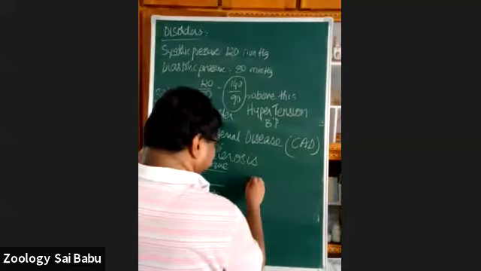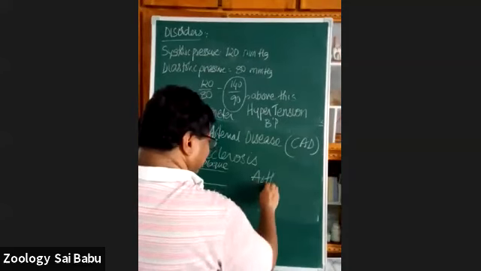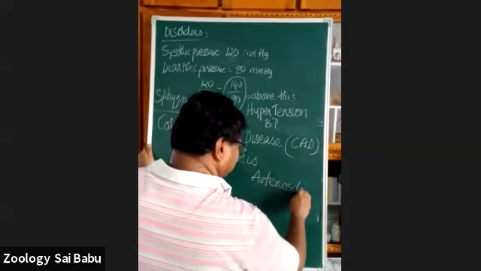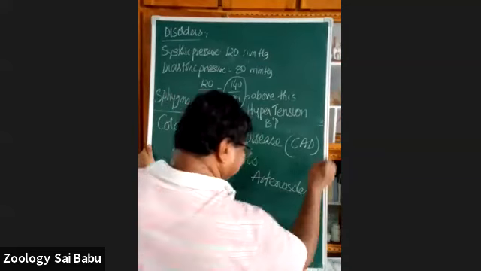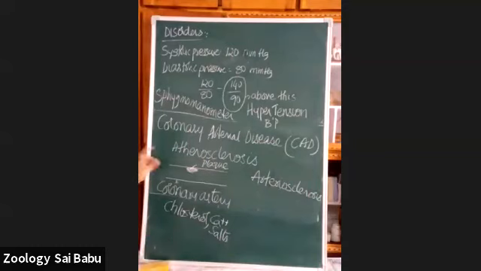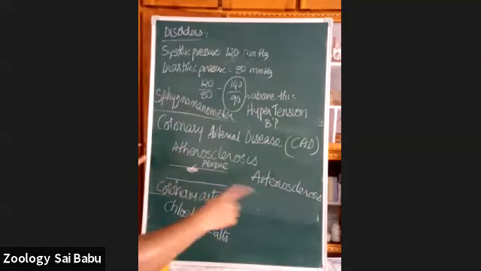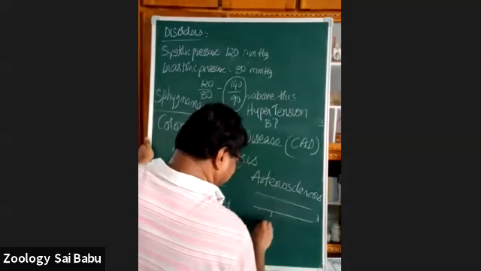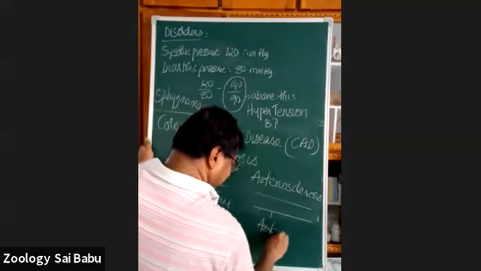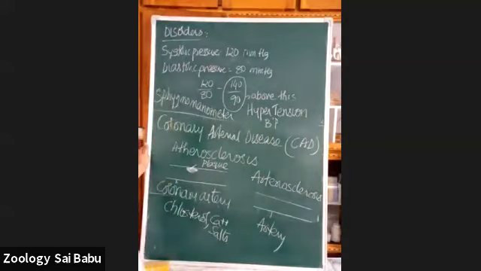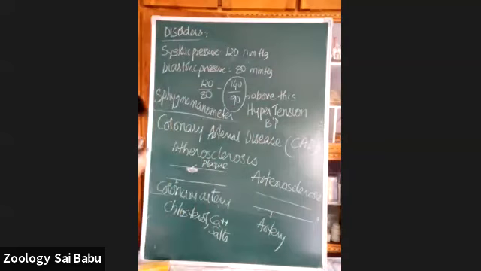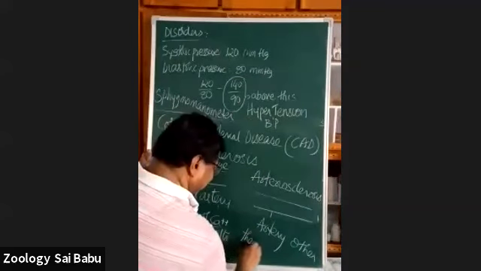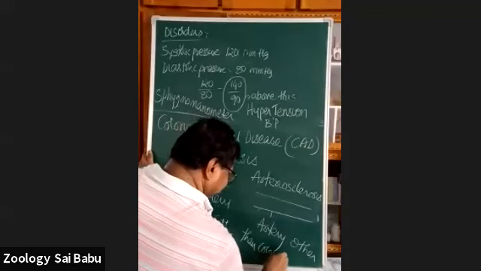Now, the other word, arteriosclerosis. Slight difference: atherosclerosis, arteriosclerosis. Here also, this is an artery other than the coronary artery.